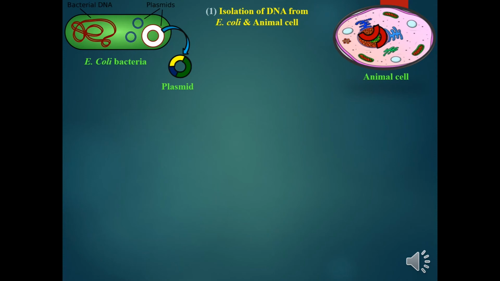Now we will isolate the desired DNA or gene from animal cell. It is desired gene. Next, second step, cutting of DNA with restriction enzyme. Here are plasmid DNA and desired DNA or gene. Now we will cut some part of plasmid DNA and desired DNA with a special enzyme known as restriction enzyme.